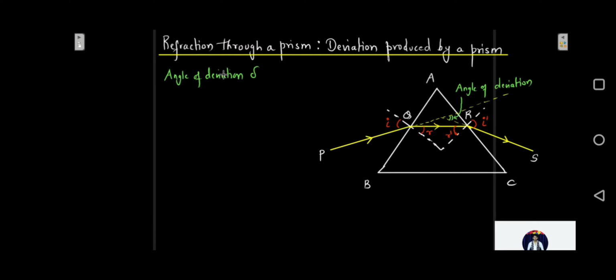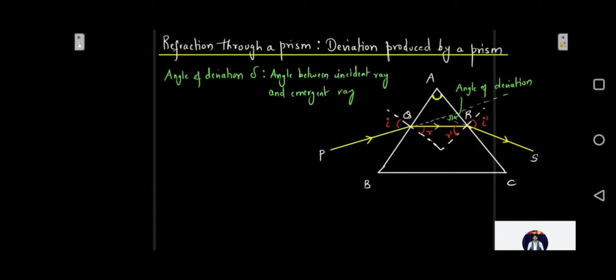So what is this angle of deviation? It is the angle between the incident ray and the emergent ray. The other things are, these are the refracting faces, and more important, this is the angle of prism.